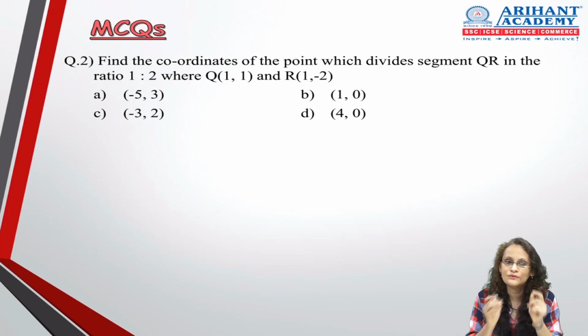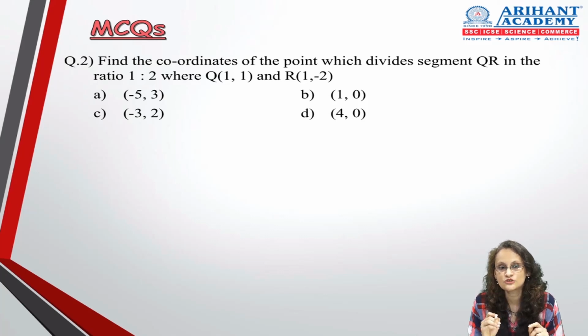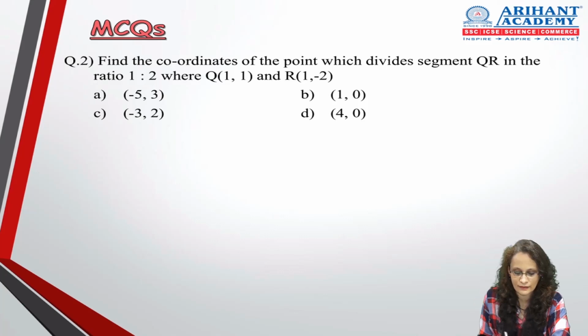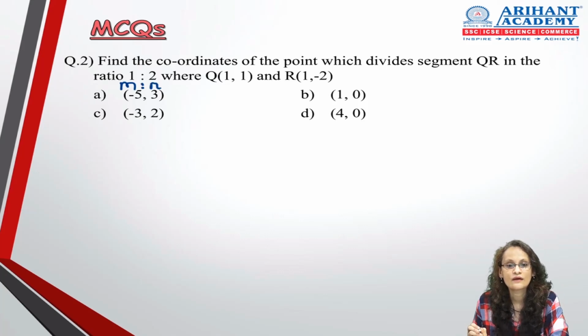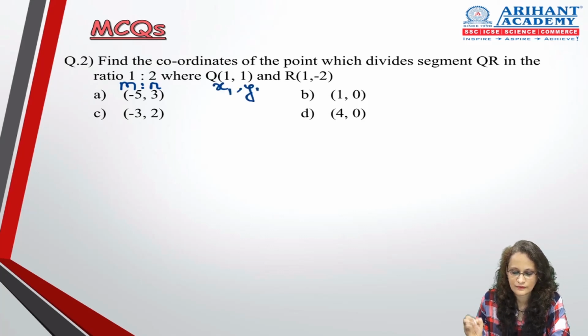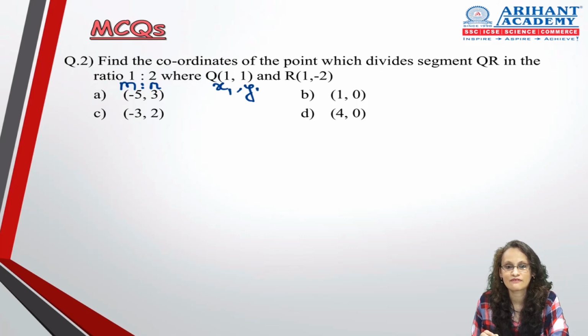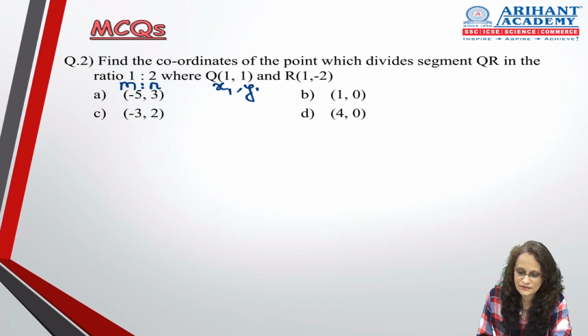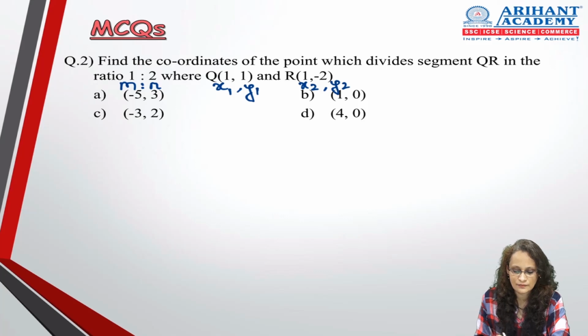So the moment you read ratio 1:2 it should be clear in your mind that that is nothing but m:n, where Q is 1, 1, meaning Q is nothing but my x1, y1, and R is my 1, -2, meaning it is nothing but my x2, y2. So I have fixed my m is to n, x1, y1, x2, y2. Now it's time to apply the formula.